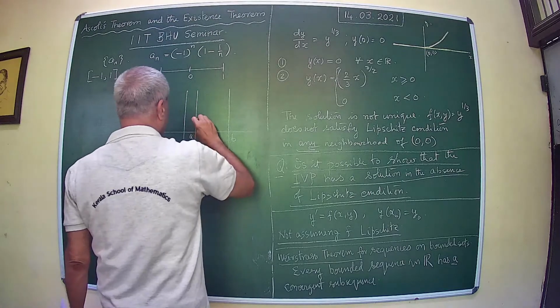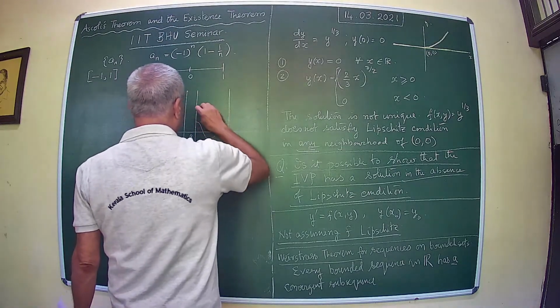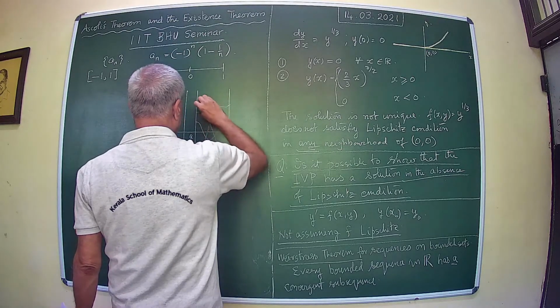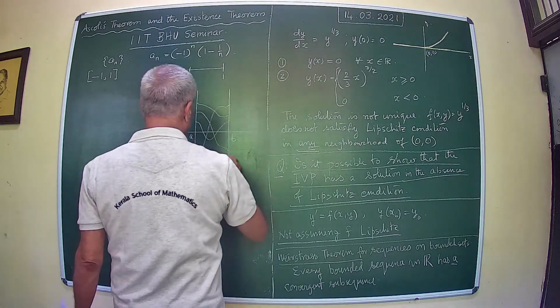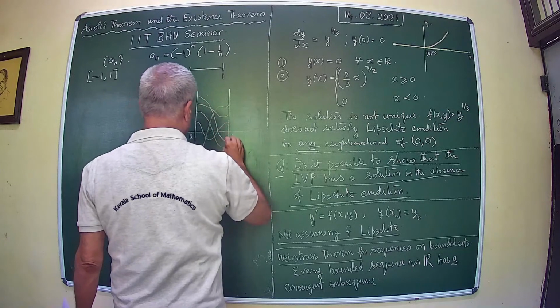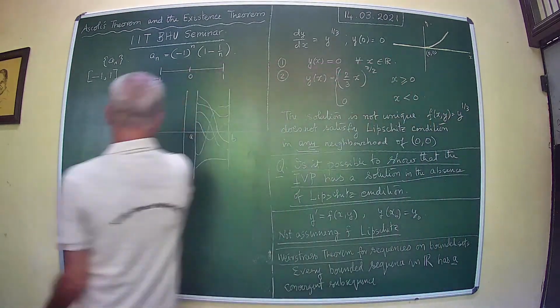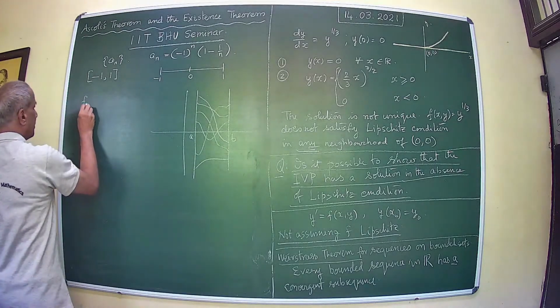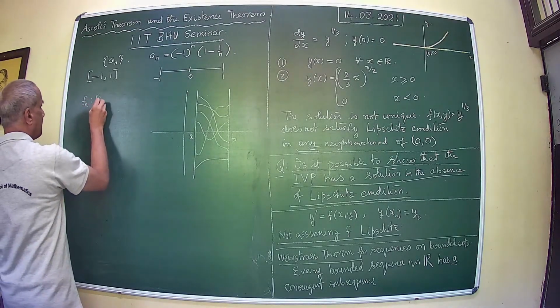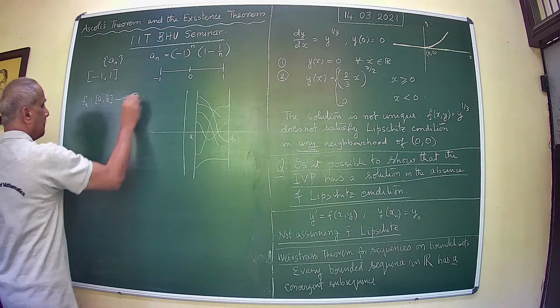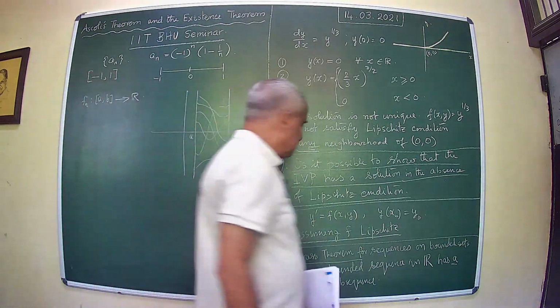And suppose you have got real valued continuous functions defined on this interval A. Assume they are all continuous. So you have now a sequence of functions. [a, b] is a closed bounded interval.